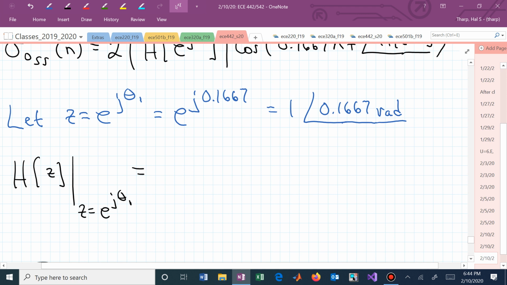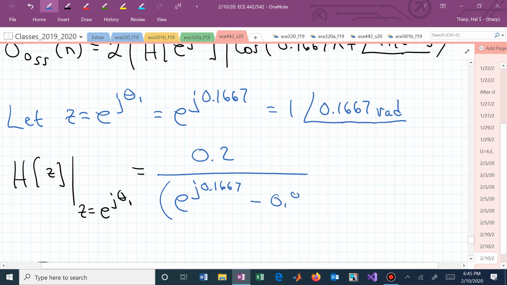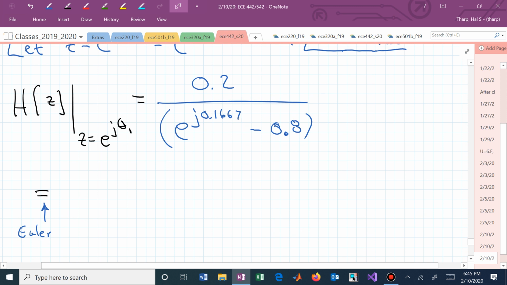We can now find that analytically. Here we could say, that's 0.2, that's our numerator. Then we have e to the j 0.1667 minus 0.8. We've simply replaced z with e to the j 0.1667. And by Euler, we can find the rectangular form of that.